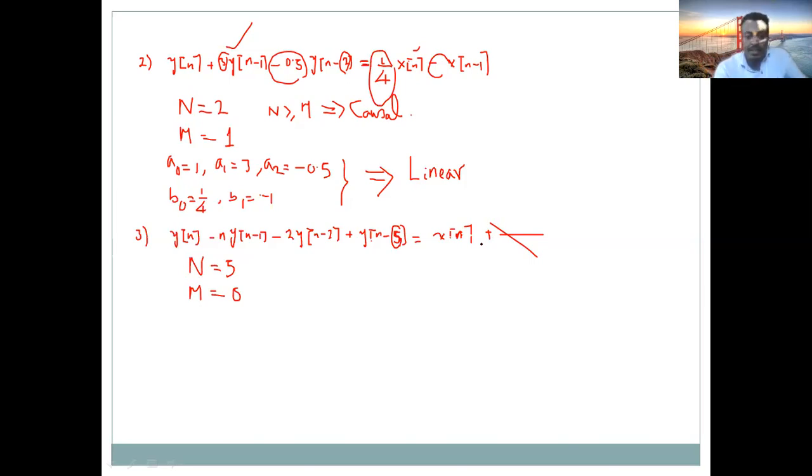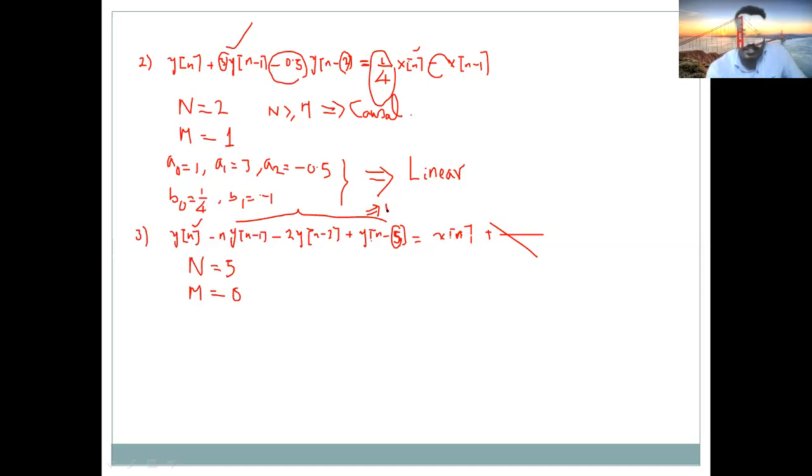But here, this is the present output. How about these 3? They are the last past values, the 3 most recent output values affect the system. The present input affects the system. That's what we understand from this.